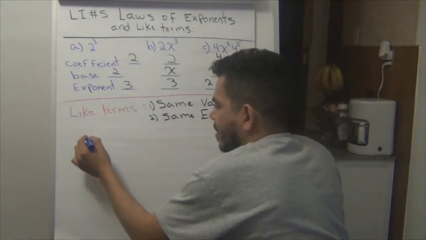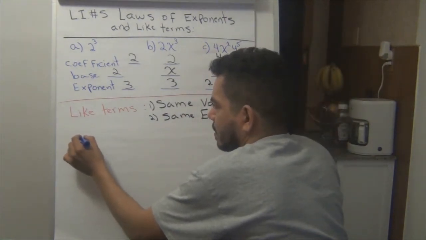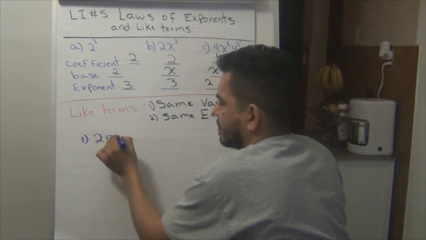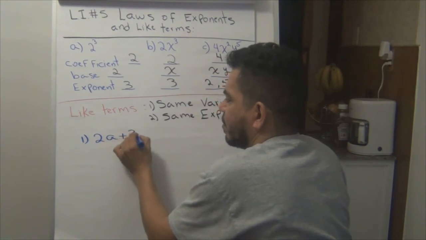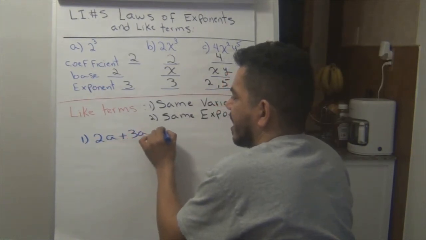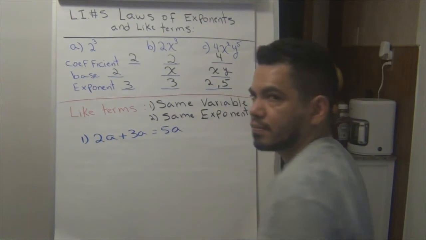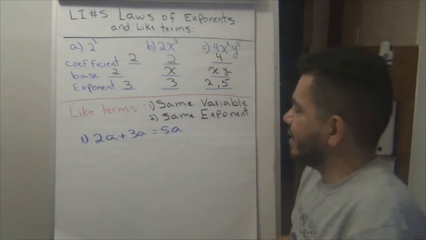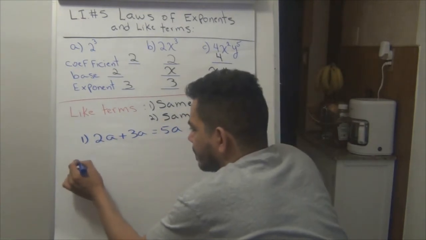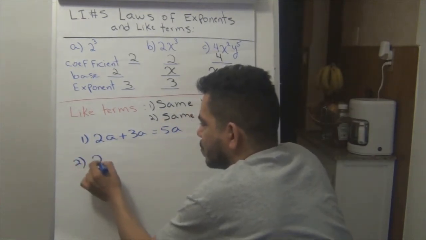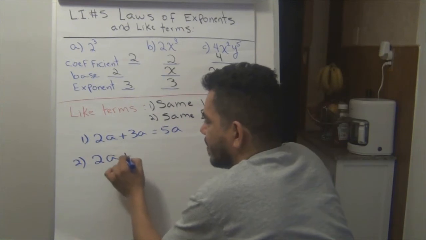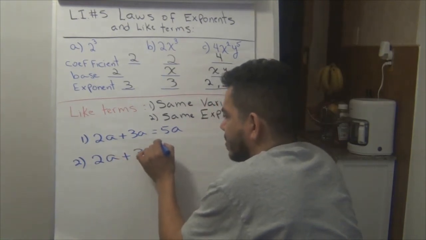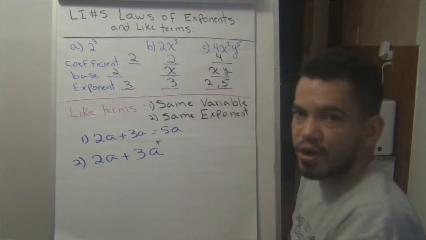For example, example number 1. If you have 2 apples and then you pick up 3 more apples, you end up with 5 apples. See that? Now, example number 2. Let's say you have 2 apples and you pick up 3 more apples that are rotten. So let's put an R over here for rotten apples.